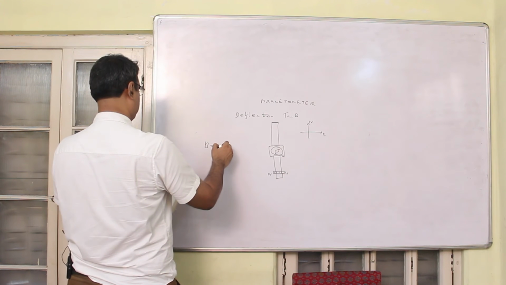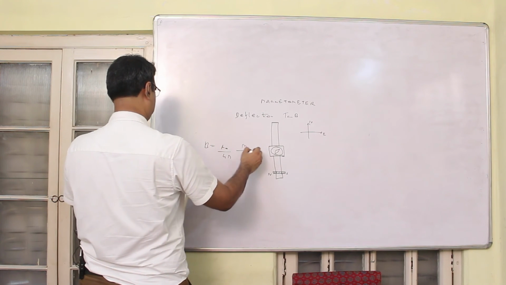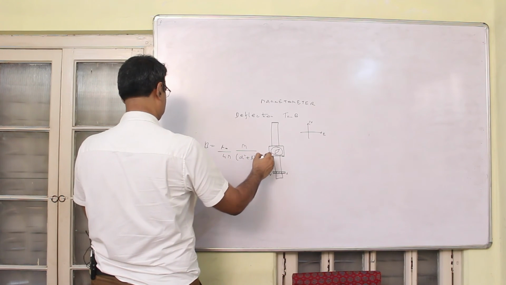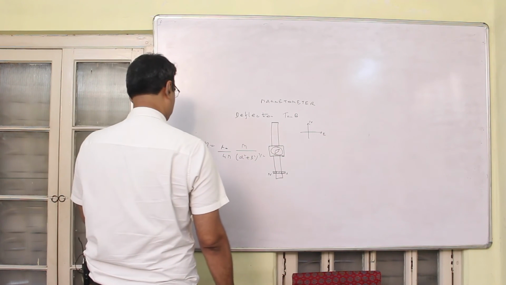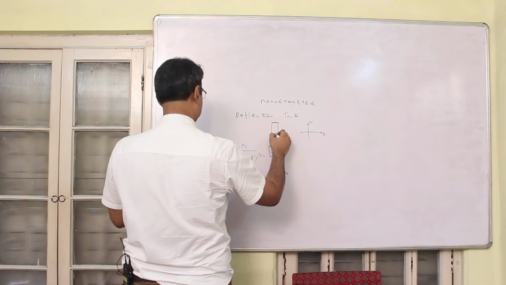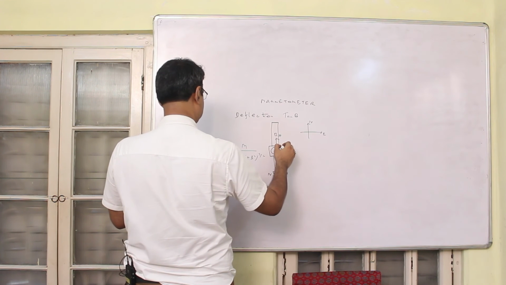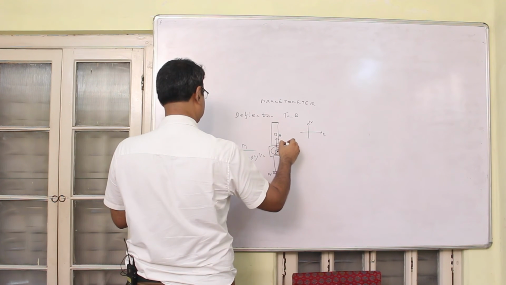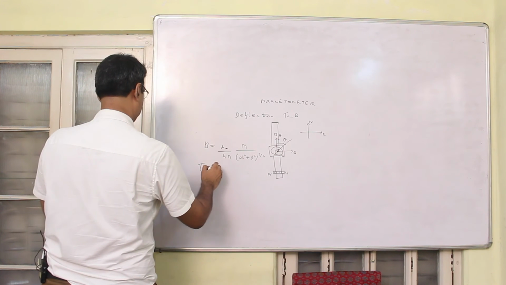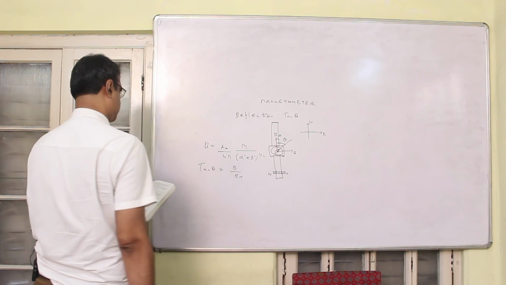So you know that for broadside the formula is mu naught by 4 pi, M by (d square plus L square) to the power 3 by 2. In the meantime, the Earth's field is like this, and the field due to the magnet is like this. So we can easily measure theta from the circular scale, and you can see that tan theta is B by BH.